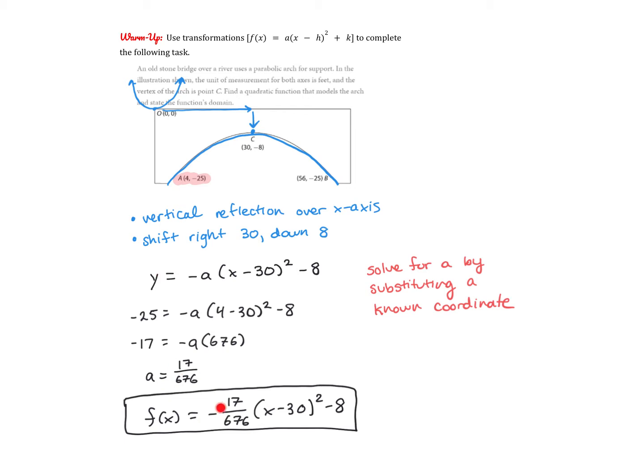So I substituted the coordinate for negative 25, so you can see my x value is replaced with 4, and my y value was replaced with negative 25, and then I solved for a, so my a value is 17 over 676. So the final answer looks like this. So the negative is a reflection, this would be a vertical shrink by this factor, and then right 30 and down 8.